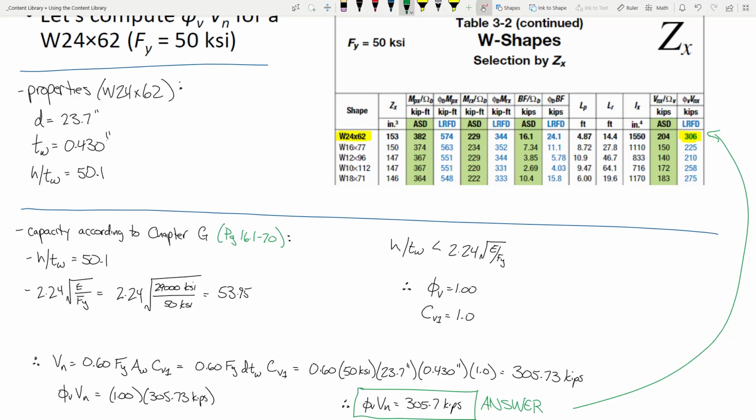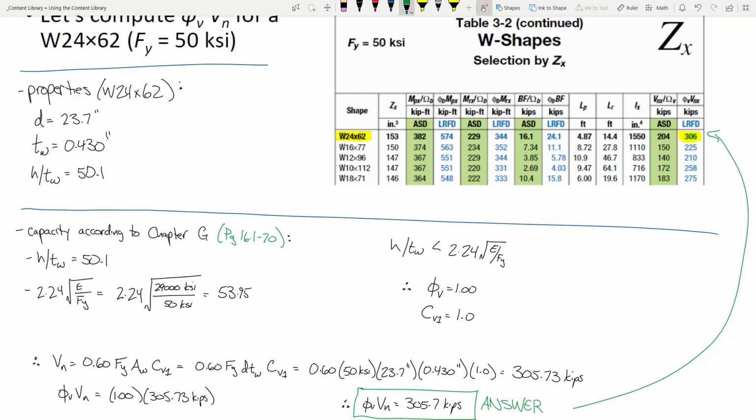Now, one thing I will explain in the manual is that, if you look at the section that we're looking at, it says shear strength of webs without tension field action. And then the section on the next page says if you're considering tension field action. So that's sort of why there's a CV1 and a CV2.